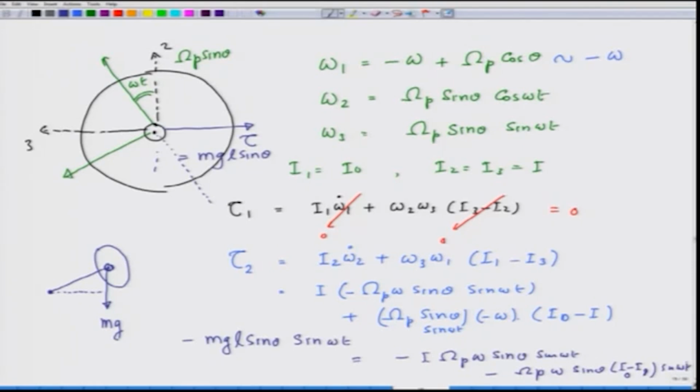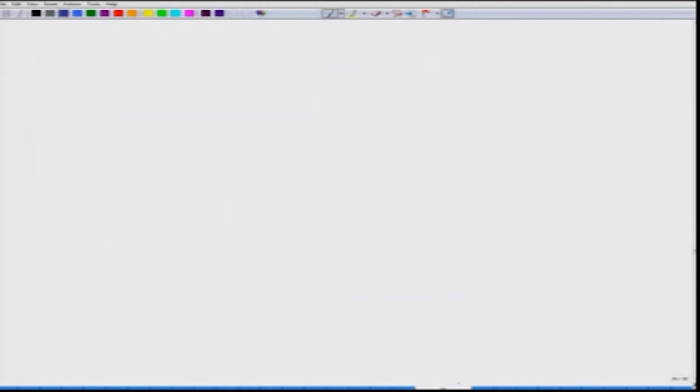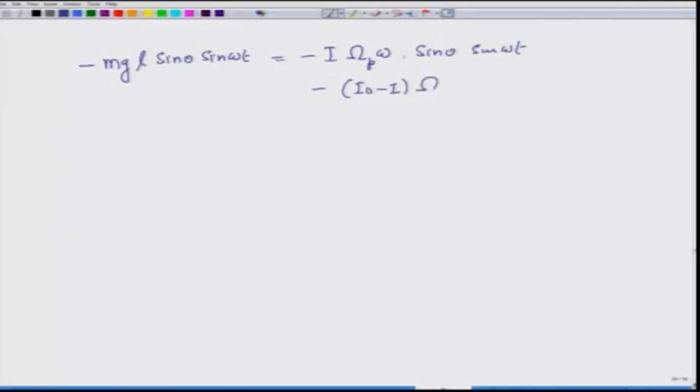Let me write this again. So, I have minus m g l sin theta sin of omega t is equal to minus I omega p omega sin theta sin omega t minus I 0 minus I omega p omega sin theta sin of omega t.